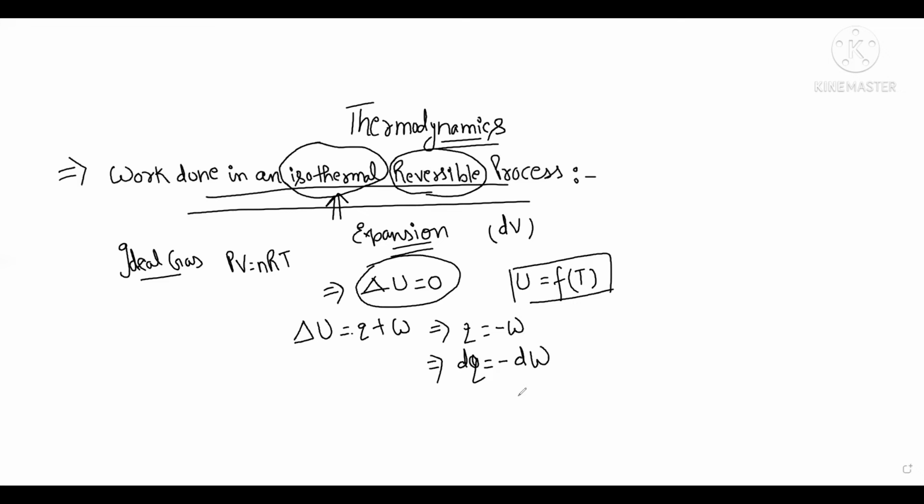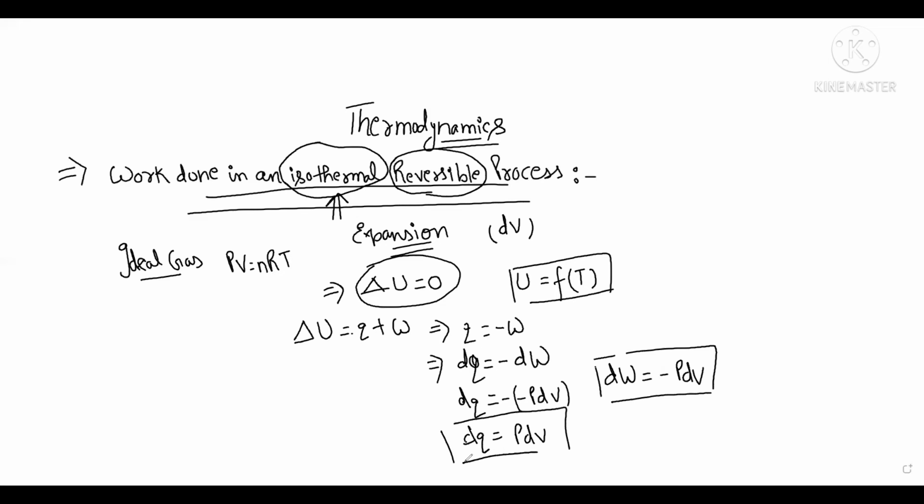Since this work is PV work, dW is equal to minus PdV, the basic formula which I took in the previous class of this chapter. Substituting its value, this becomes minus PdV, and finally dQ gives us a value of PdV.